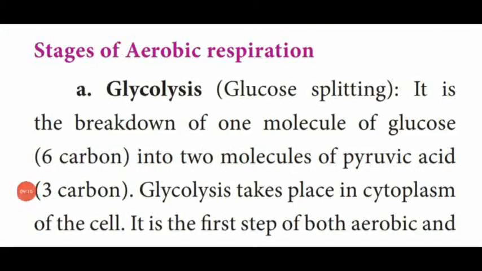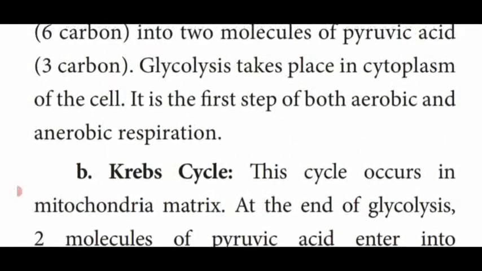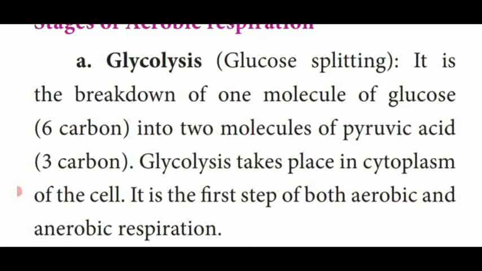Now we are going to see the stages of aerobic respiration. It takes place in 3 stages. One is glycolysis, another one is the Krebs cycle, the third one is the electron transport chain. First one, glycolysis. The word glycolysis means splitting of glucose. Where the glucose is produced, it is produced in the chloroplast region. This glucose is a 6-carbon compound.